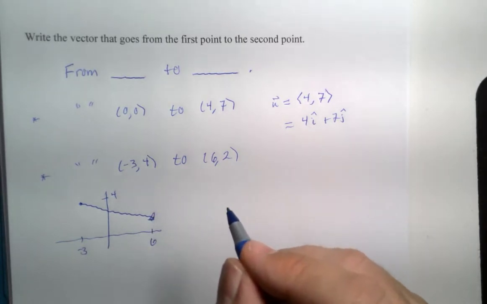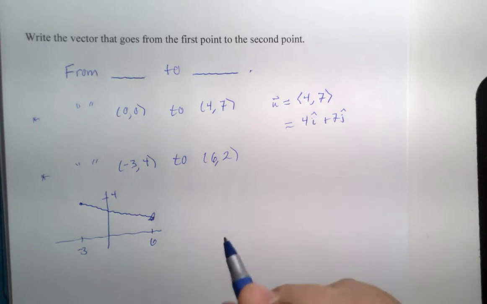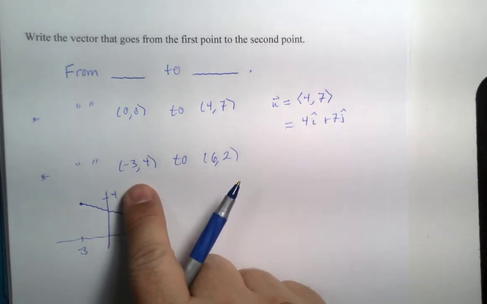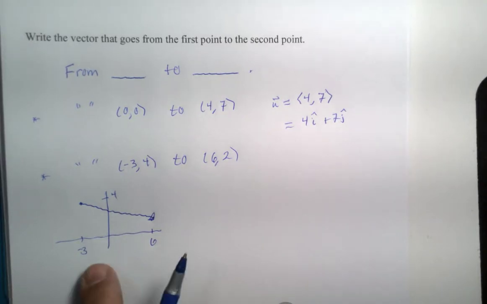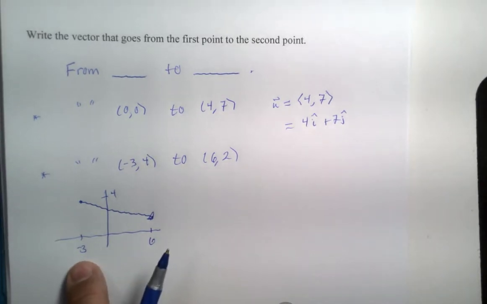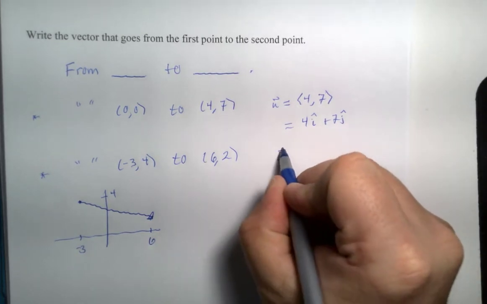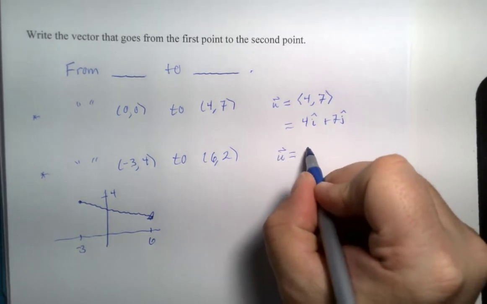And you can research in a book or go online for a formula if you have the x coordinates. It's going to remind you of some algebra formulas from your past. But you could also just count. I mean, from -3 to 6 is a change of +9.